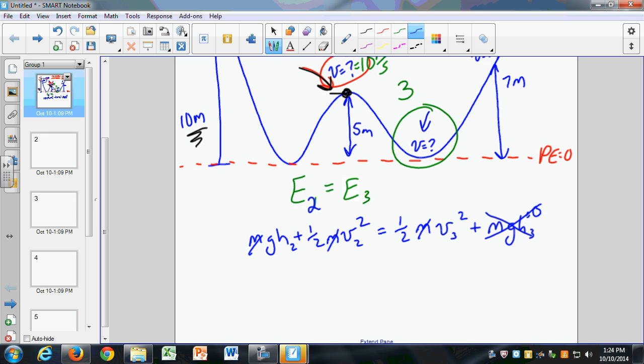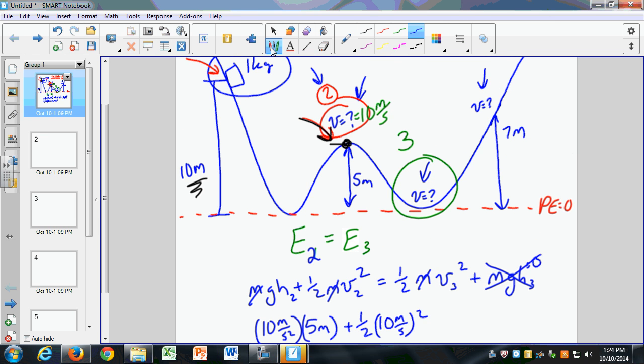I'm looking for v3, so I have 10 meters per second squared. That's my acceleration due to gravity, times 5 meters, plus 1/2 of v2 squared, which was 10 meters per second. That is this quantity, which we had already solved for.